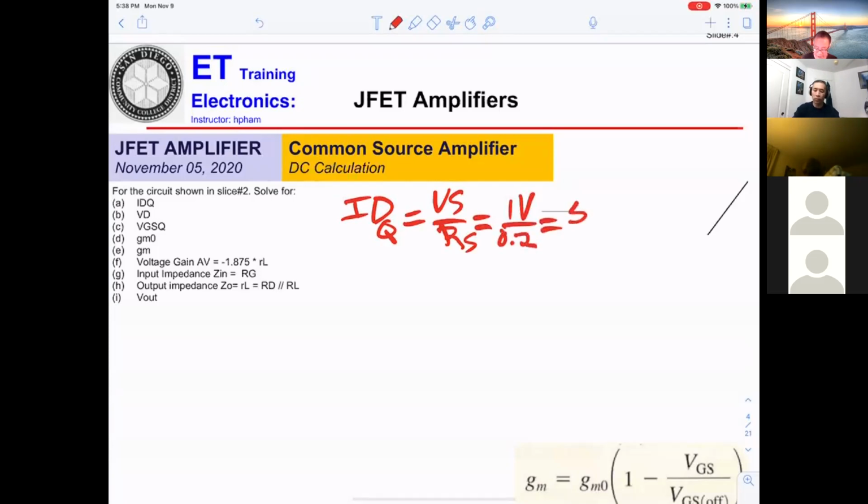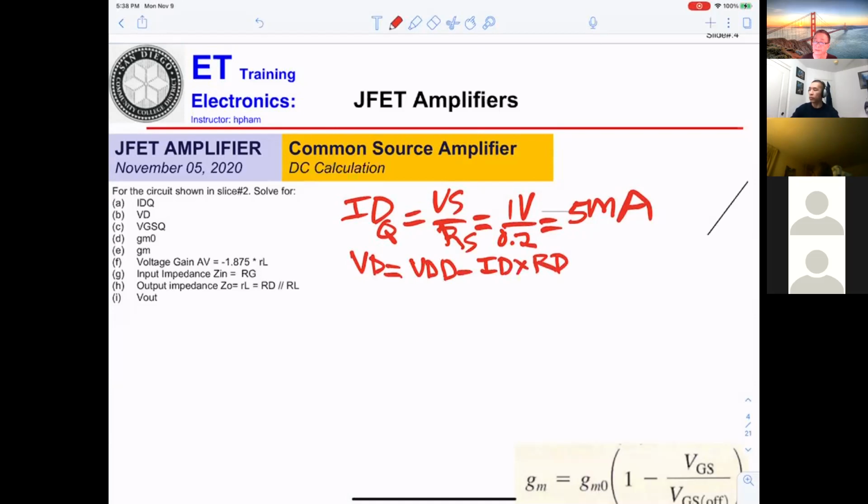That's what you get, 5 milliamps. Correct. VD is 7.5 volts: VD equals VDD minus ID times RD.